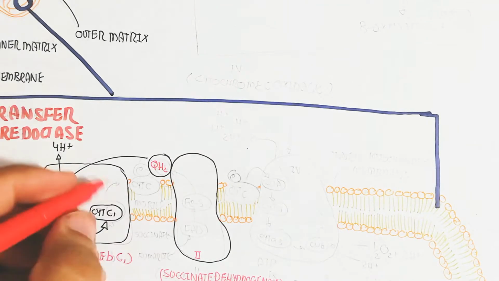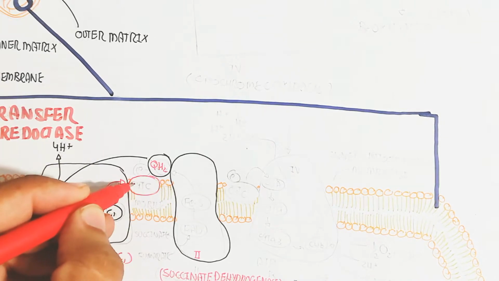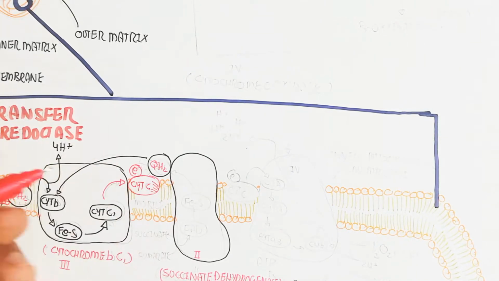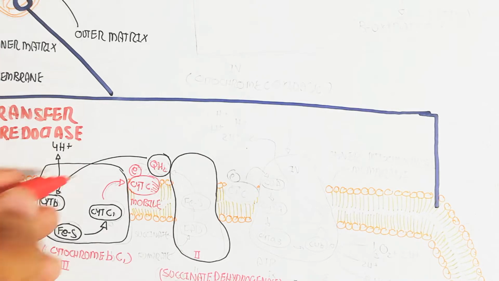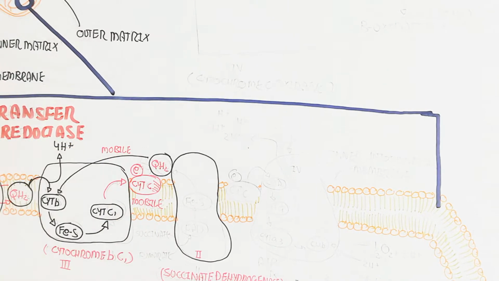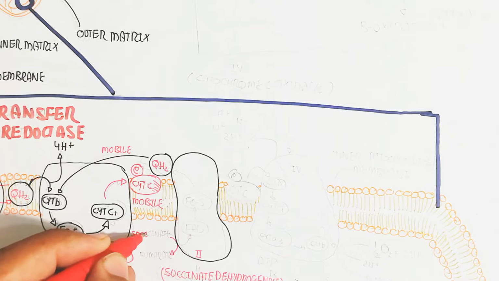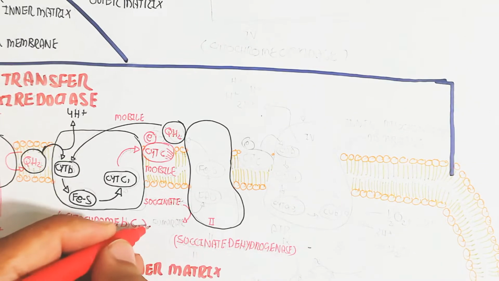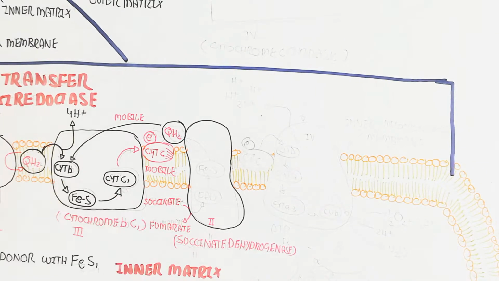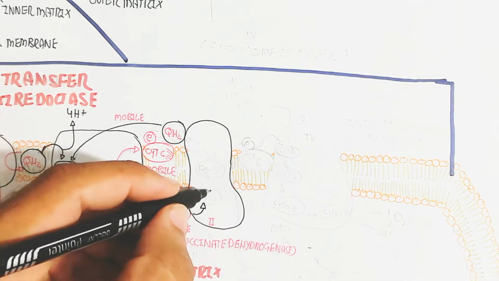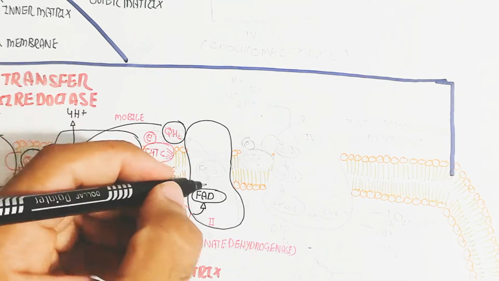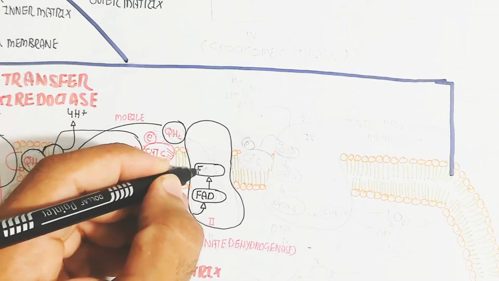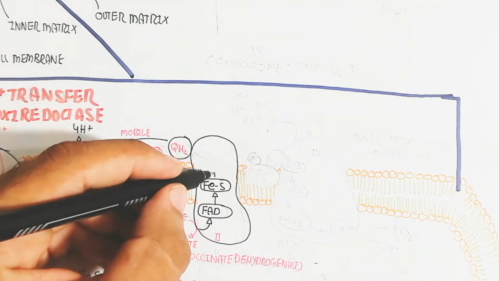Here the QH2 also receives from the iron sulfur protein-containing succinate dehydrogenase enzyme. The succinate converts into fumarate, and the FAD and iron sulfur come from the FADH2 to give 2 protons, and these 2 protons also come from the cytochrome B, which will pump out, while again this is a mobile protein.